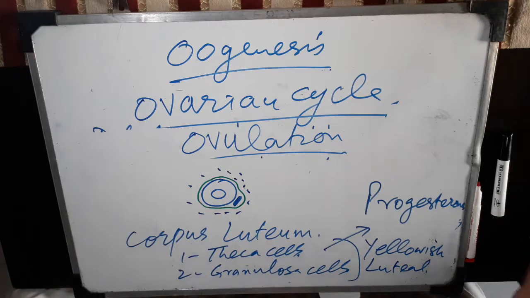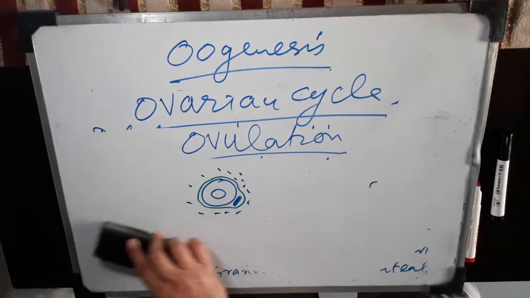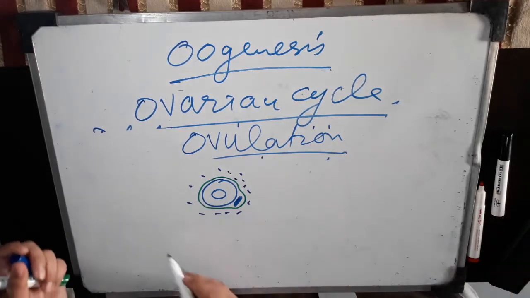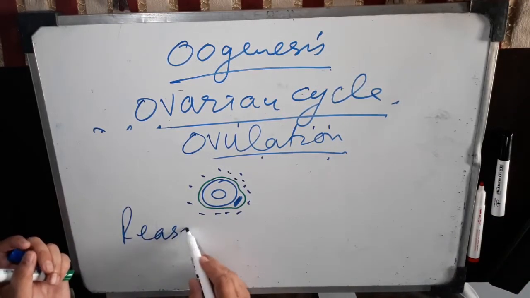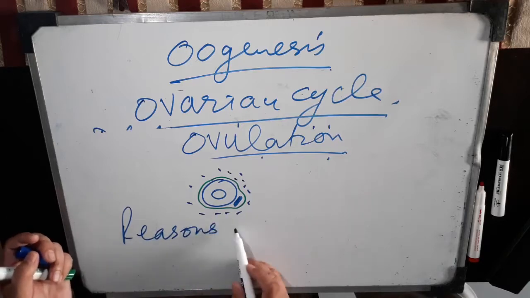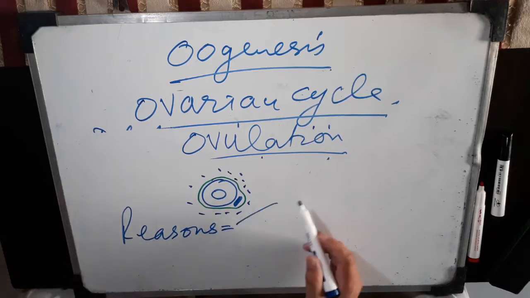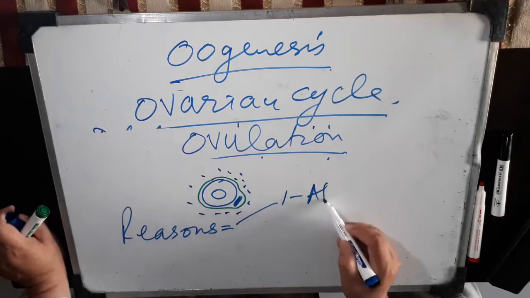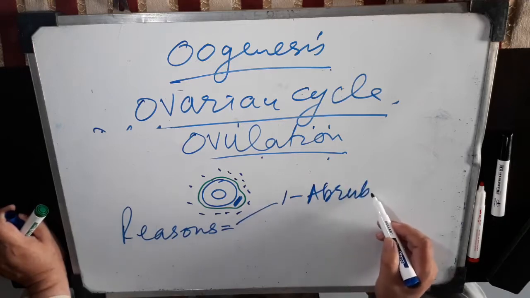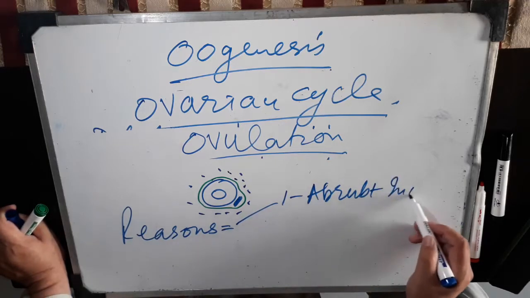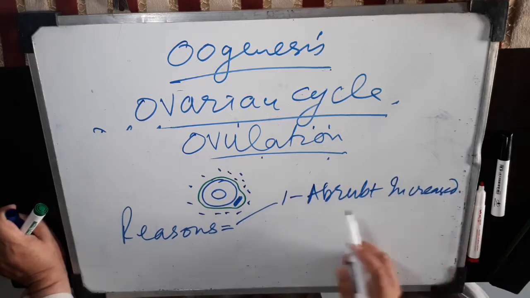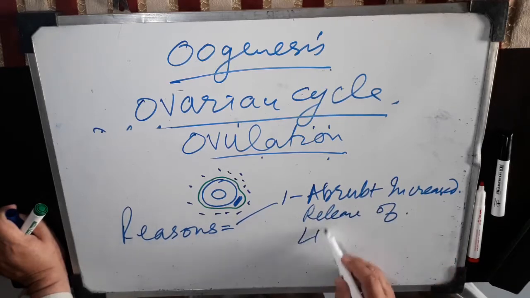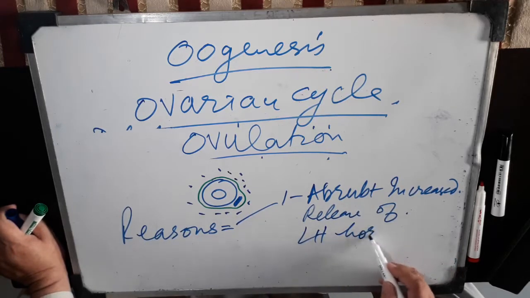And what is the reason of expulsion? Number one, the reasons of ovulation: the abrupt increased release of LH hormone from the pituitary gland.